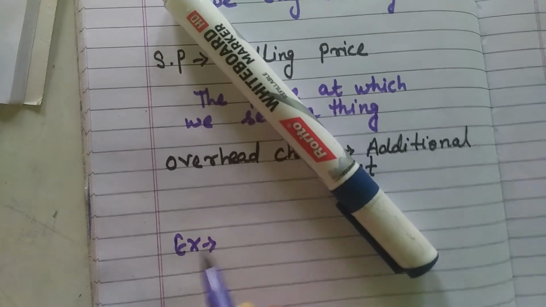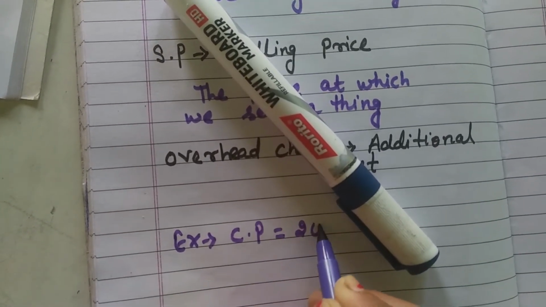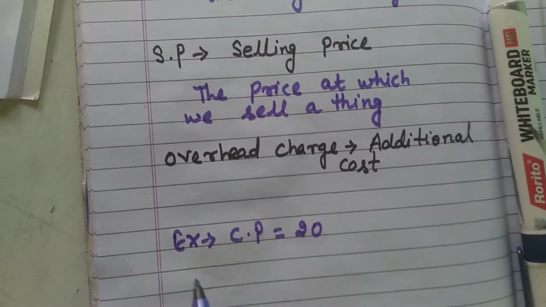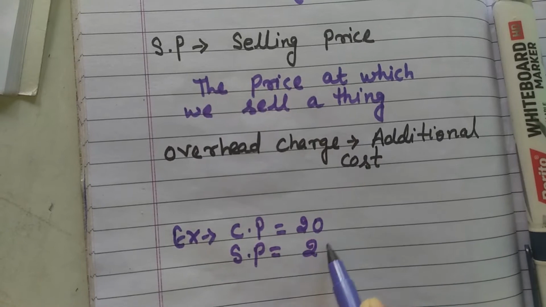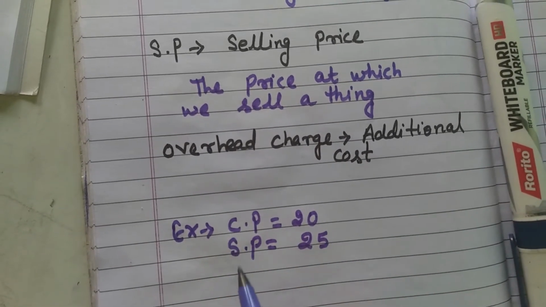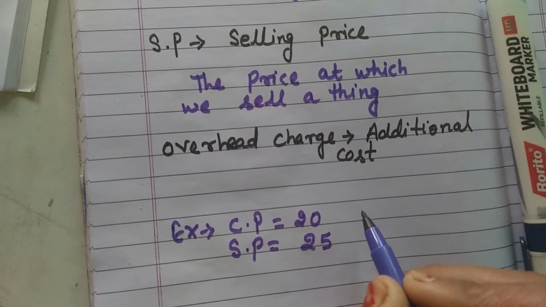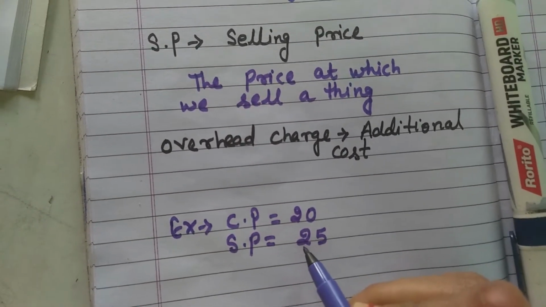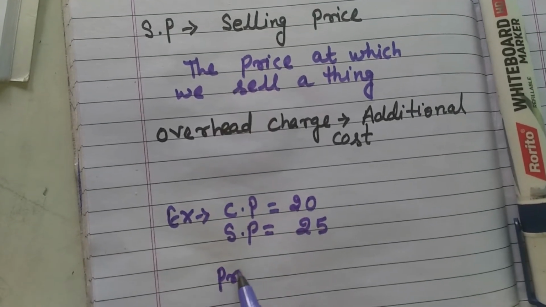Let's write it. What is the cost price of this marker? 20 rupees. What is the selling price of this marker? 25 rupees. We are getting profit because we have bought this marker at 20 rupees and are selling at 25. So here we are getting profit.